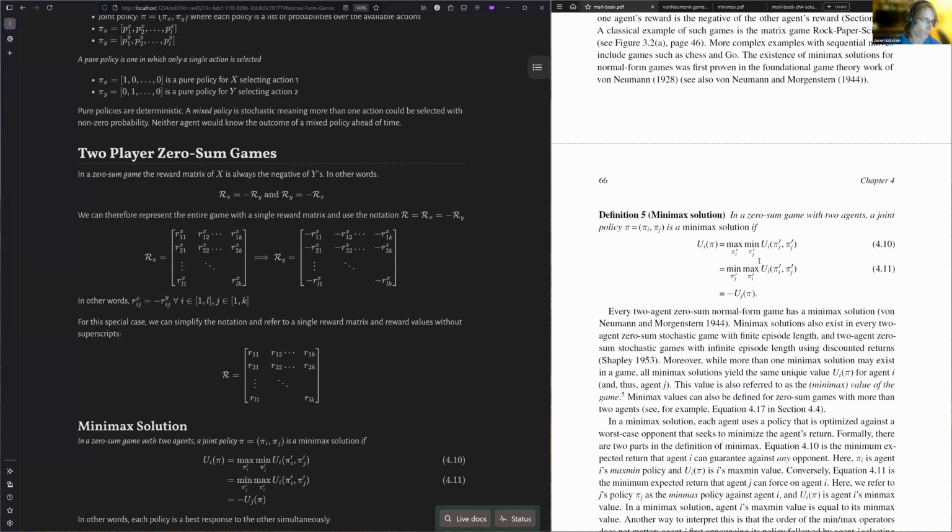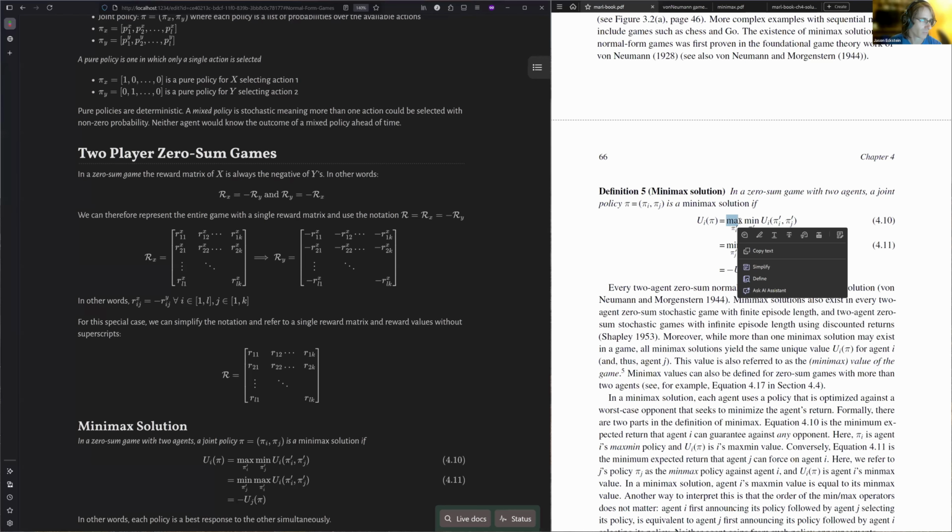Swapping this order doesn't actually change the answer. And what that means is that this joint policy is the best response policy for each player against the other player. So both players are simultaneously making the best response to each other if this property holds.